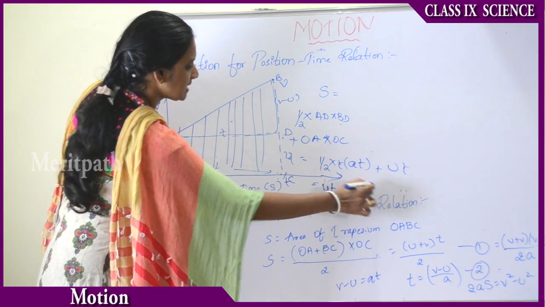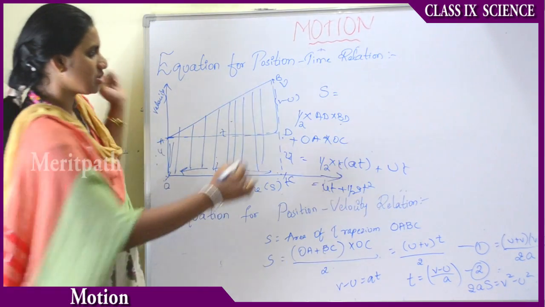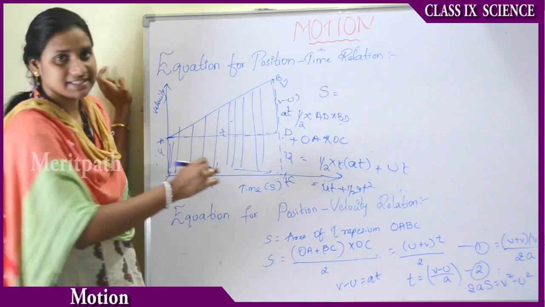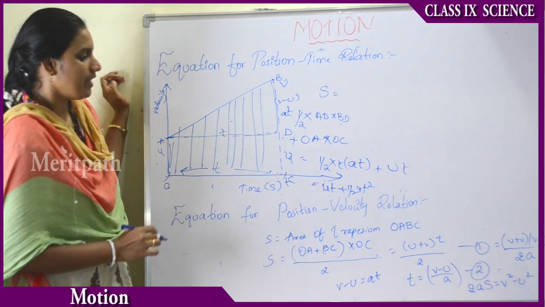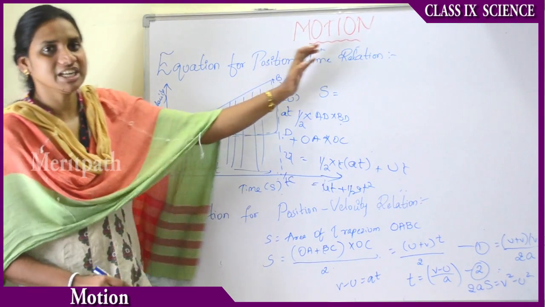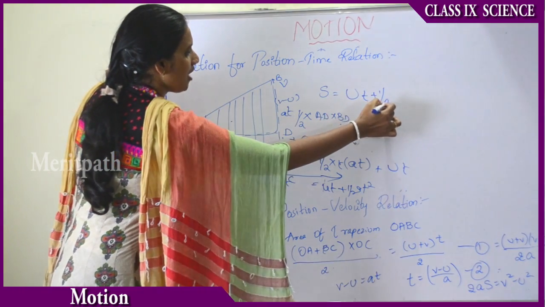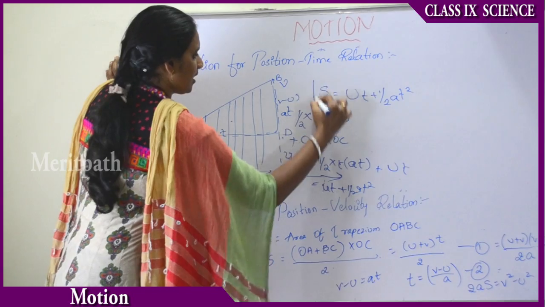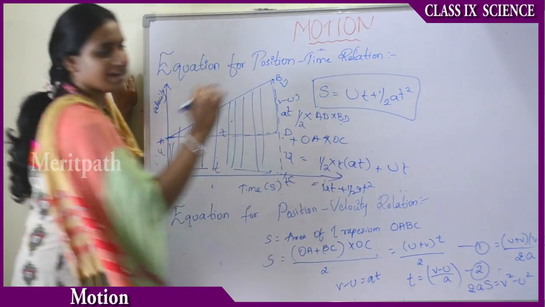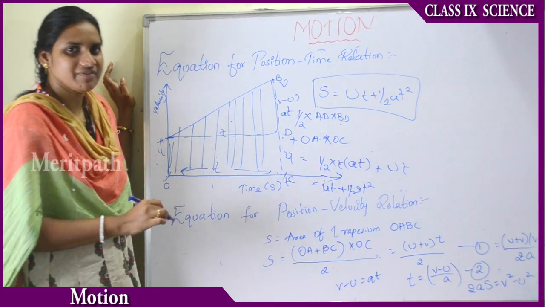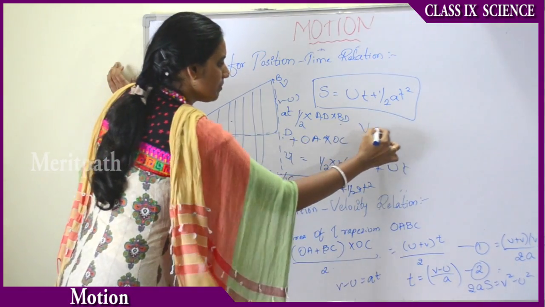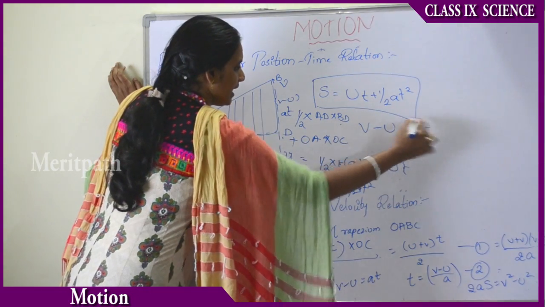We have previously known that BD equals AT. Therefore we are getting the position time relation as S equals UT plus half AT square, right? And the velocity time relation we have derived previously, that is V minus U equals AT.